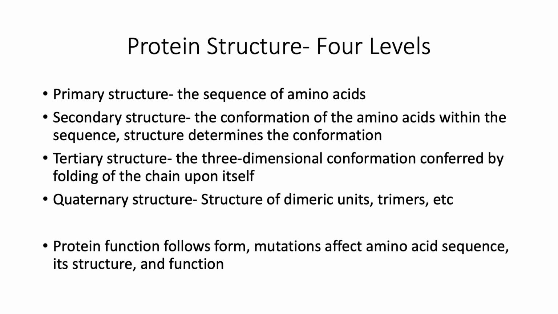So we talk about different types of secondary structures. The key one is alpha helix, and then there's also beta sheet, and we'll be showing those shortly.